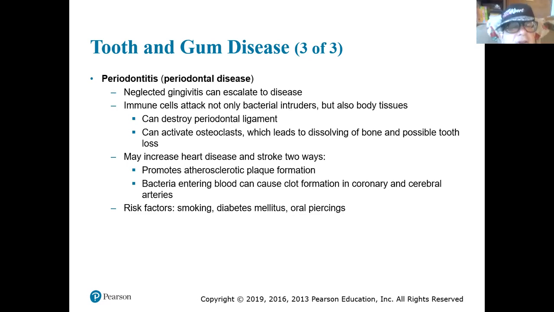All right, periodontitis. You know the periodontal ligament holds the tooth in the socket. You know itis is inflammation. If you don't take care of the gingivitis, it gets worse, and then you will have bacteria take up housing there, and the body's immune cells try to attack them. When they do, they won't just destroy the bacteria, they'll destroy the ligament, and then you're going to lose the teeth.